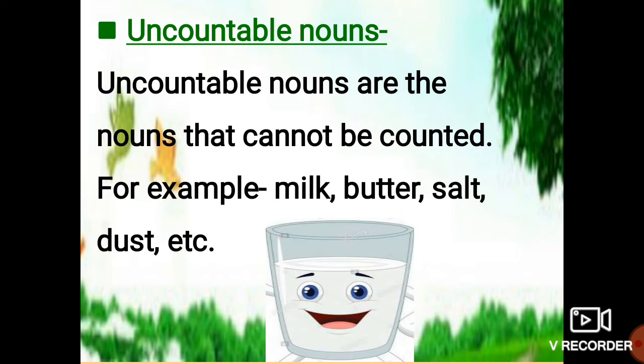Next, uncountable nouns. Uncountable nouns are the nouns that cannot be counted. For example, milk, butter, salt, dust, etc. These are the nouns which cannot be counted.